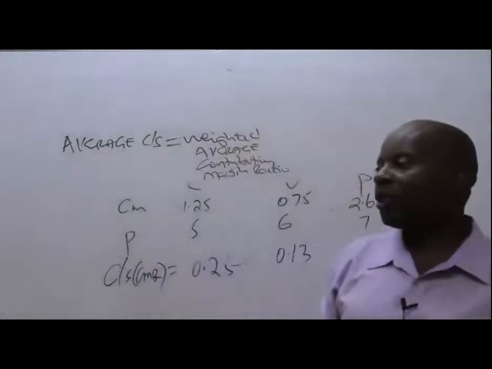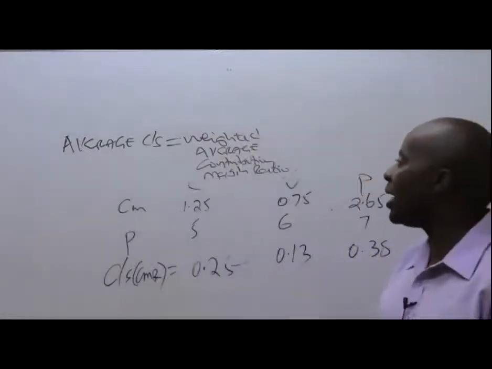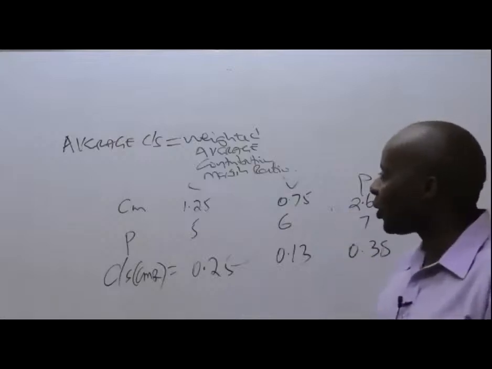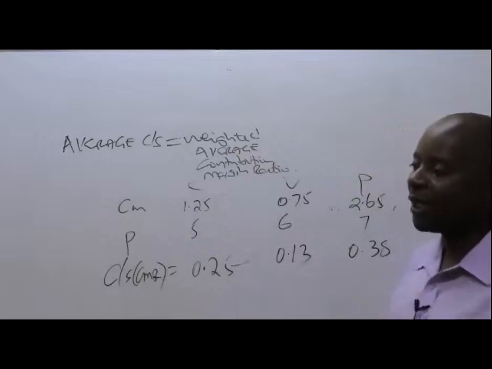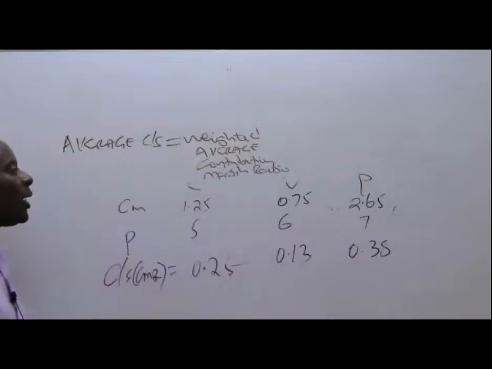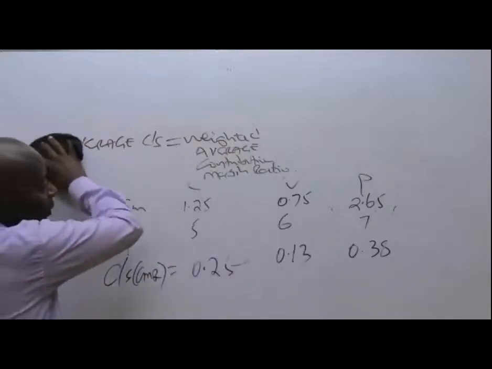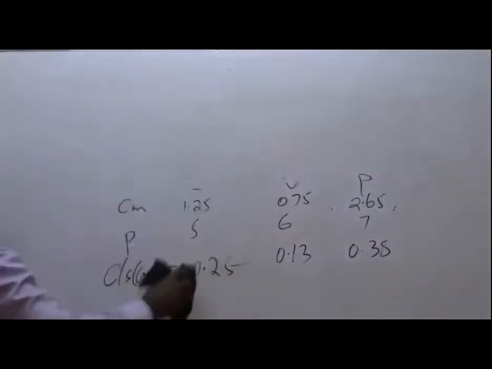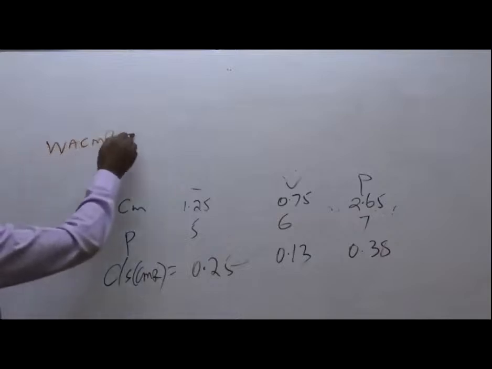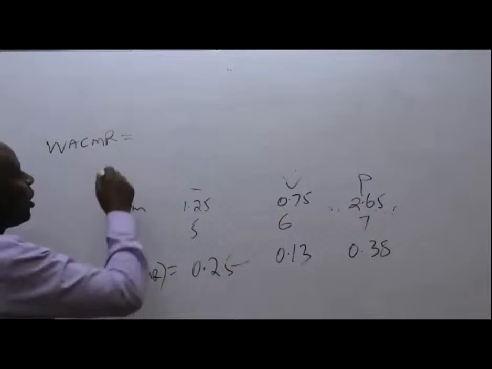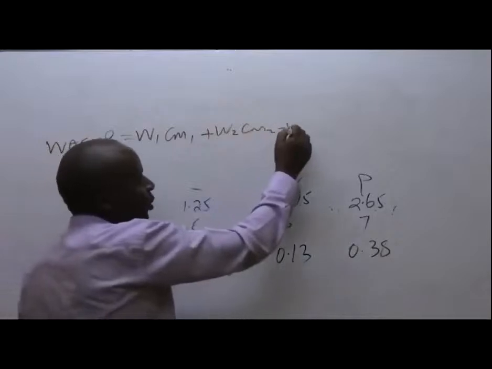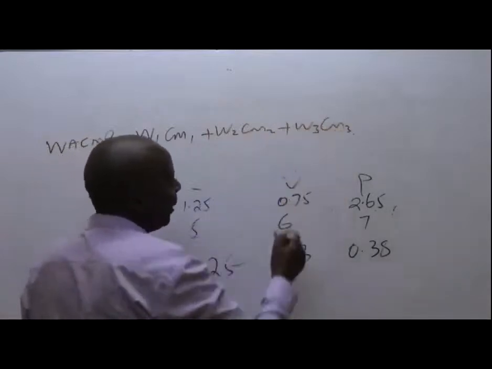So what are we saying, ladies and gentlemen? Average CS is the weighted average contribution margin ratio, WACMR. For us to be able to get the WACMR, we have very many ways of getting it. The weighted average contribution margin ratio is weight 1 times contribution margin 1, plus weight 2 times contribution margin 2, plus weight 3 times contribution margin 3.